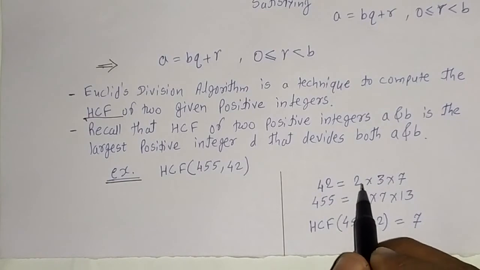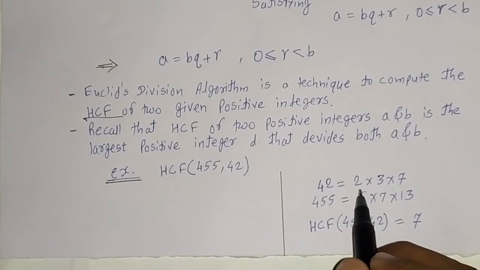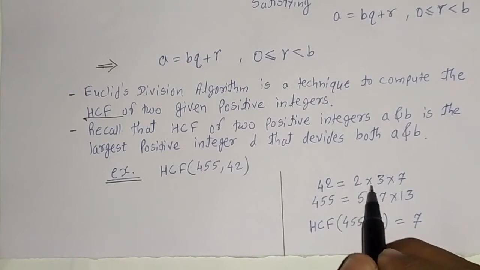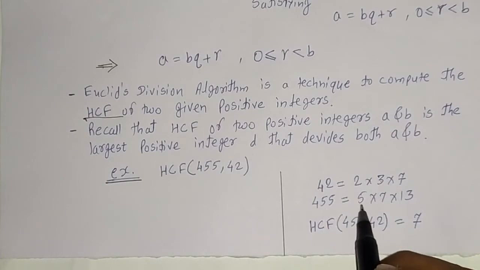We have seen how to find these prime factors. Please refer to our first lecture. You will understand how to obtain these prime factors. Now let us look into the 455. What are the prime factors of 455? 5 into 7 into 13.